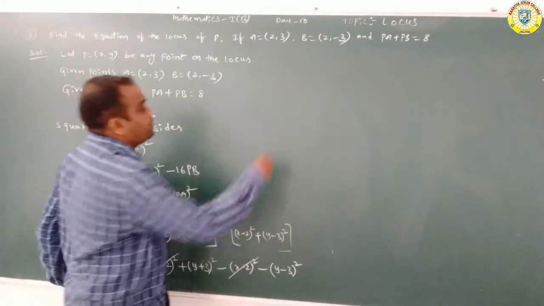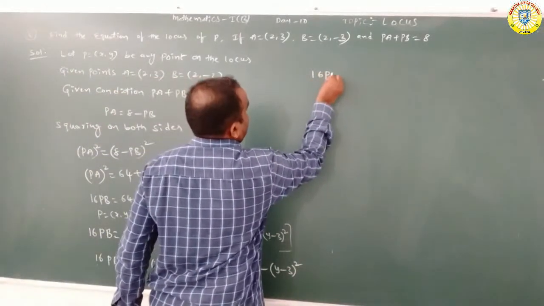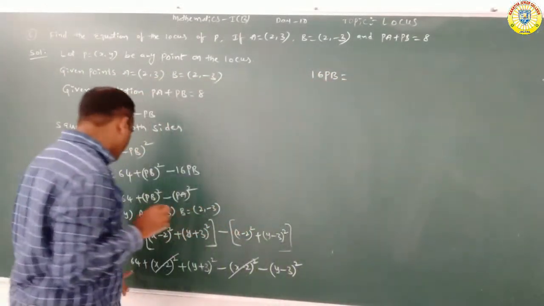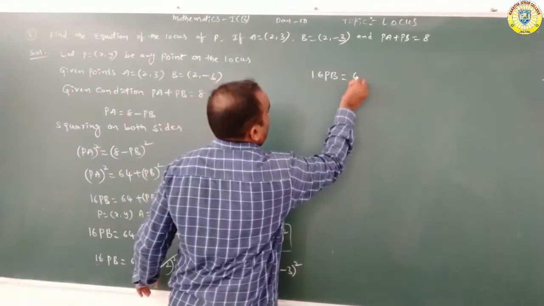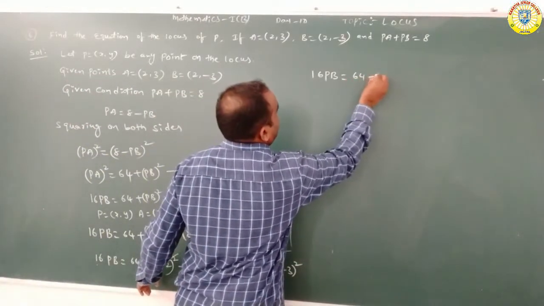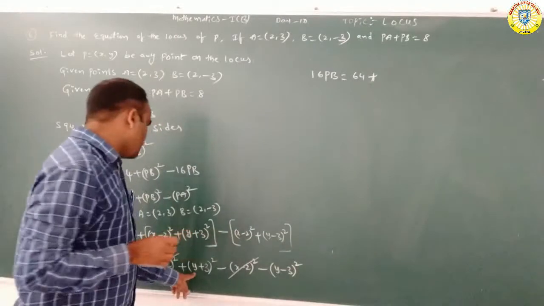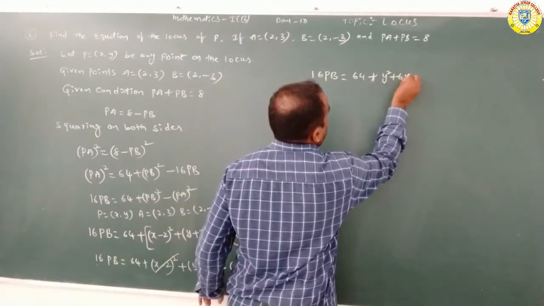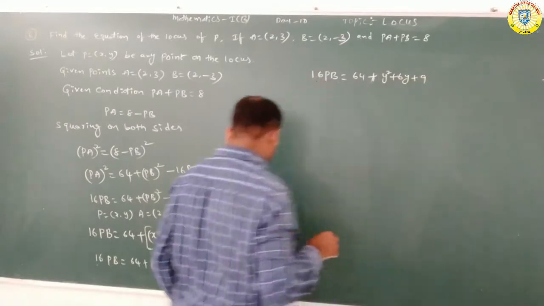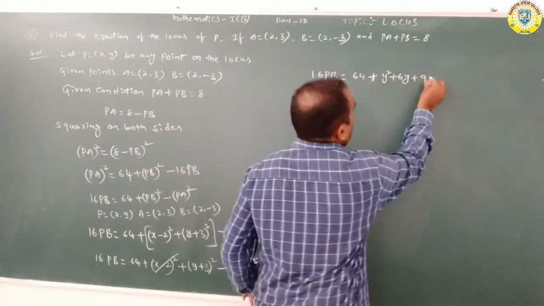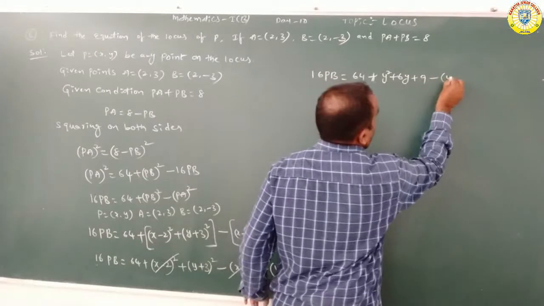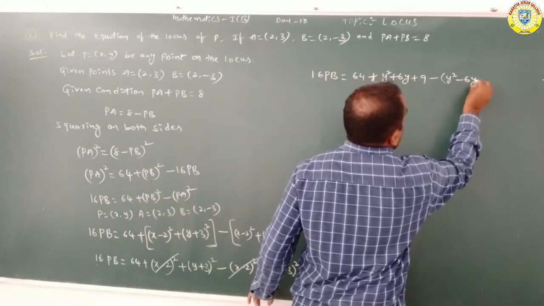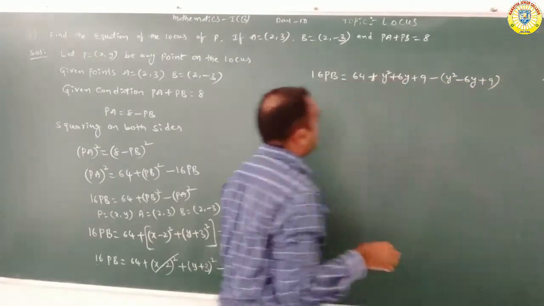Here 16 PB is equal to what is the number? 64 plus y plus 3 whole square. Here y square plus 6y plus 9, minus of y minus 3 whole square, y square minus 6y plus 9.